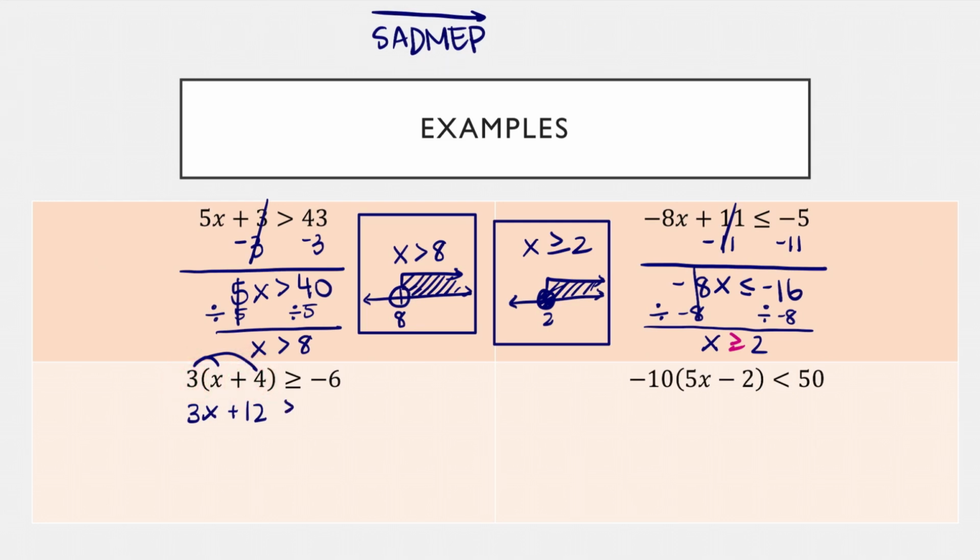From there I really just follow the same steps as before. I would subtract 12 from both sides, so it becomes 3x is more than or equal to negative 18, and then I can divide by 3. Since it's not negative, my sign doesn't change and it stays x is more than or equal to 6.